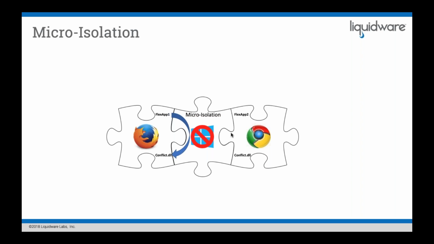Micro isolation redirects the call back to the originating layer, so that in this case, Firefox is reading the conflict DLL from its own layer. And the same for Chrome. When Chrome makes a call to that DLL, it gets redirected back into itself. No more conflict.